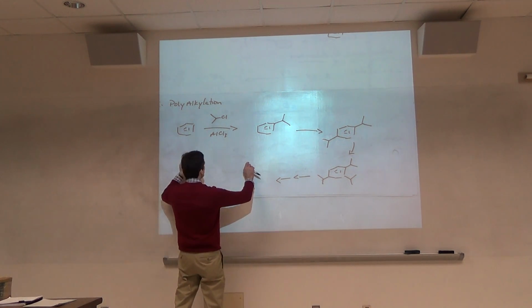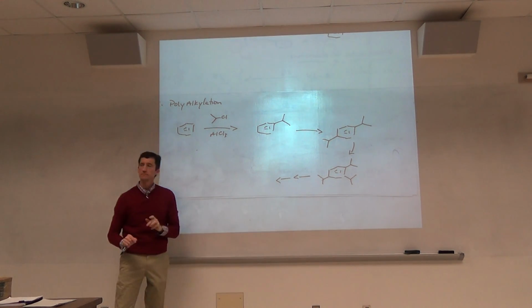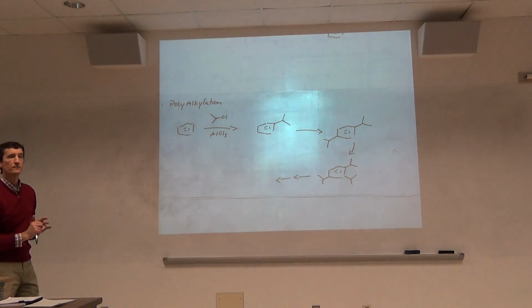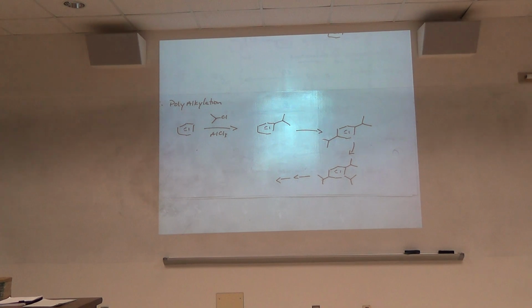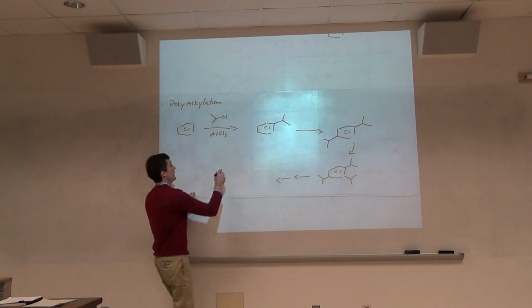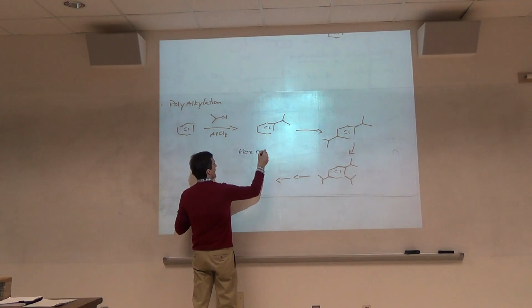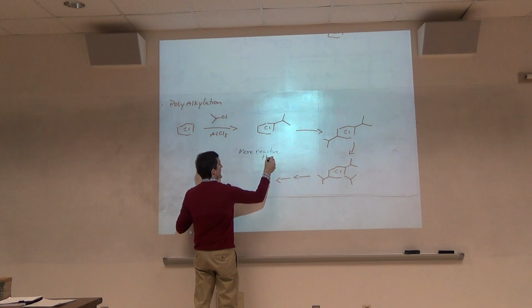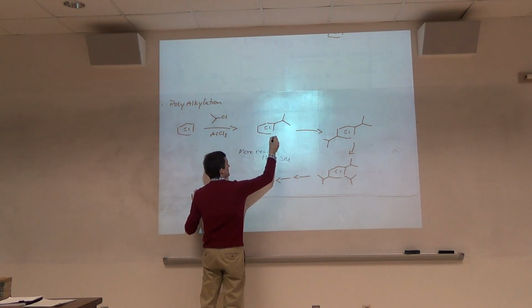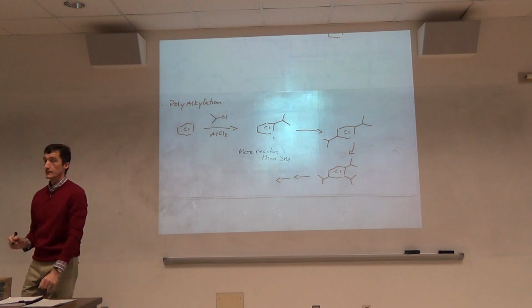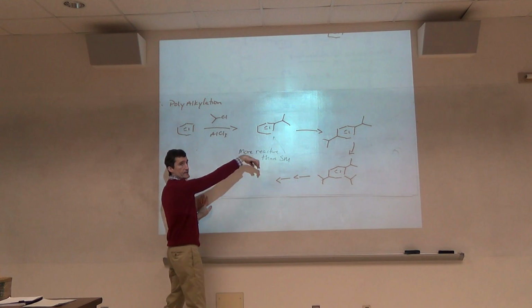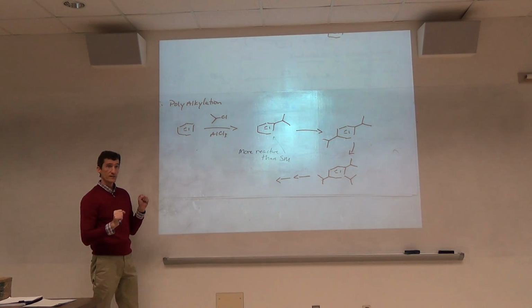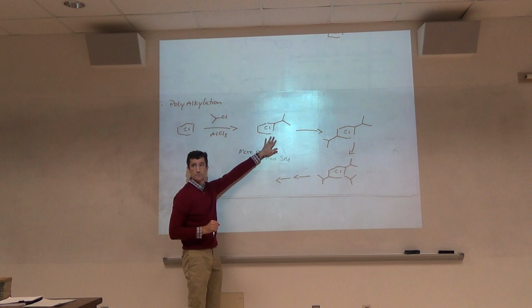Question, which is more reactive towards an EAS, benzene or isopropyl benzene? Which is more reactive? Isopropyl is what type of group? It's an alkyl inductive donator. Okay? So this is more reactive than the starting material. So let's say this reaction has gone 10%. 10% has reacted. 10% of this is formed.